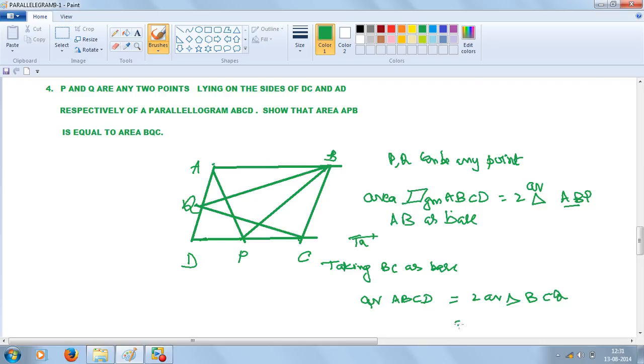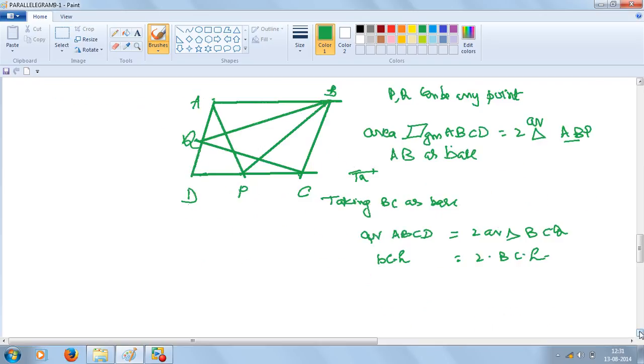That is equal to twice base into height. This is base multiplied by height. The base is BC, and the base is common to both. So the area of the parallelogram ABCD this way or that way, both are the same.